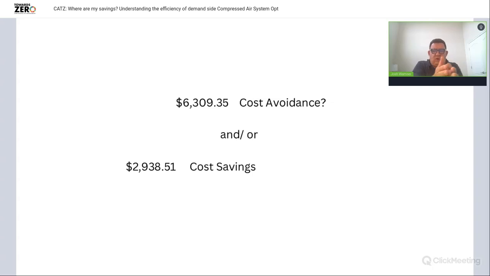Where do we get to the point where that second compressor is running, depending on the demand profile of the system, that could be operating at 0 to 10% or 0 to 20% by the time it got to that point. So even that $6,300, just because the compressor turns on once, your customer doesn't automatically get charged that $6,300, right? So there's even an efficiency of the avoidance number as well.